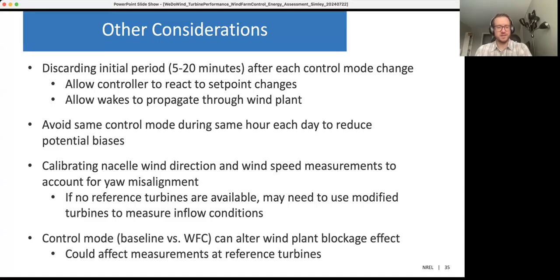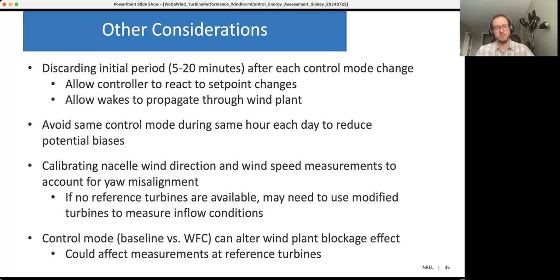And then the last is something that the community has just started talking about in the past year: when we're changing our control mode, baseline or wind farm control, that can alter the wind plant blockage, so the upstream blockage at the wind plant. And so by changing that blockage, that could affect the inflow to our reference turbines.